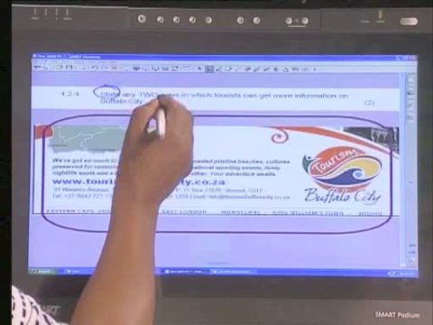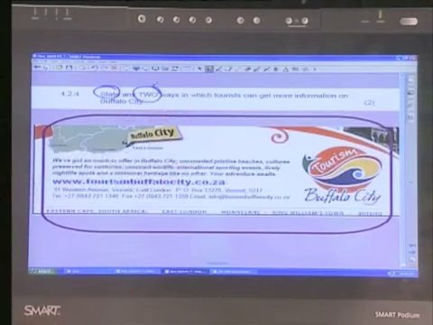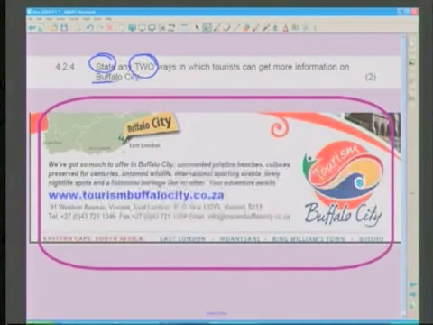And it says any 2 ways in which tourists can get more information on Buffalo City. Not any other city, but Buffalo City. Now, if you look at all these things, this is where you would get your information from. State any 2 ways in which tourists can get more information on Buffalo City.